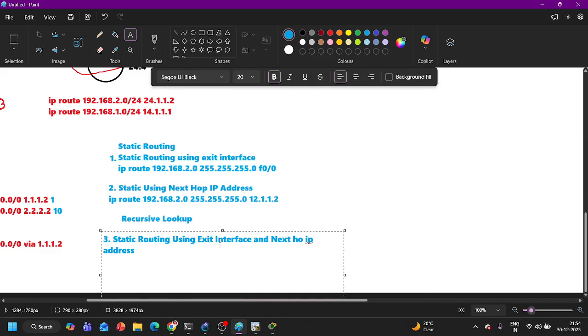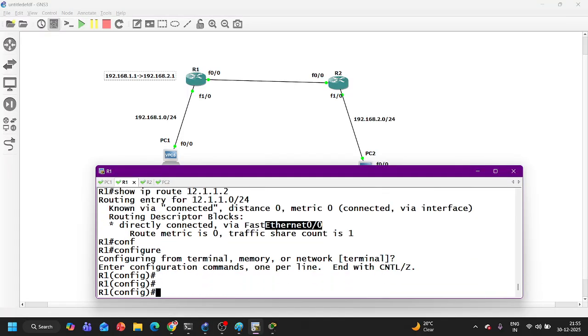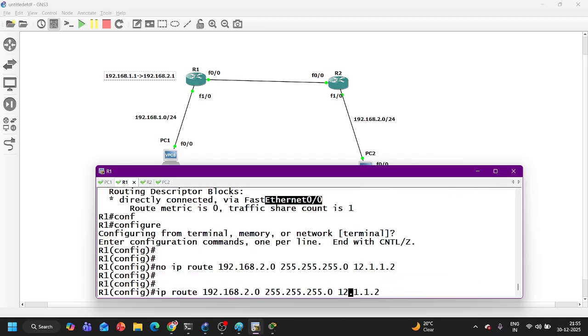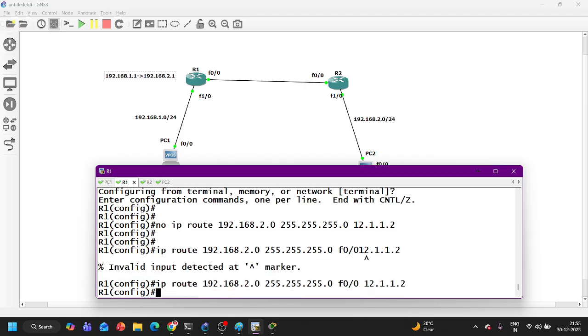This is the third way, and the command is IP route 192.168.2.0, next the exit interface FastEthernet 0/0, next the IP 12.1.1.2, and this is the best way. On router 1, I'm going to remove this command and let me say IP route, and after that exit interface FastEthernet 0/0 and then the next hop IP, and now see the routing table.